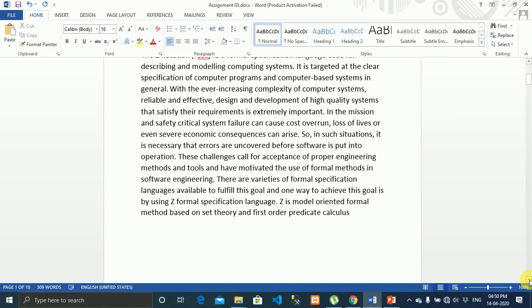There are a variety of formal specification languages available to fulfill these goals. One way to achieve them is by using the Z formal specification language. Z is a model-oriented formal method based on set theory and first-order predicate calculus.